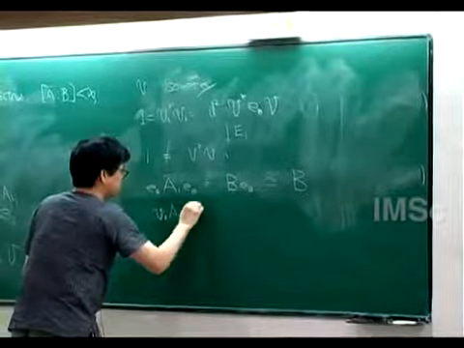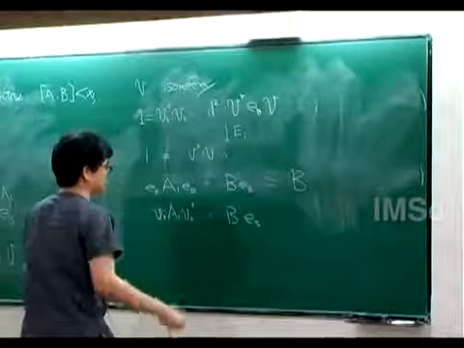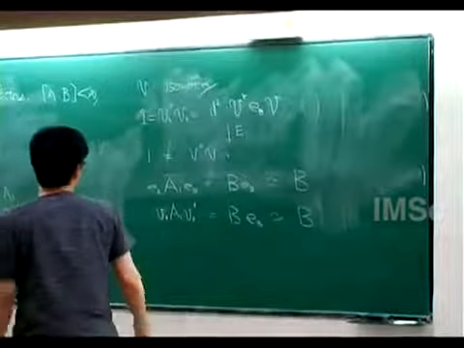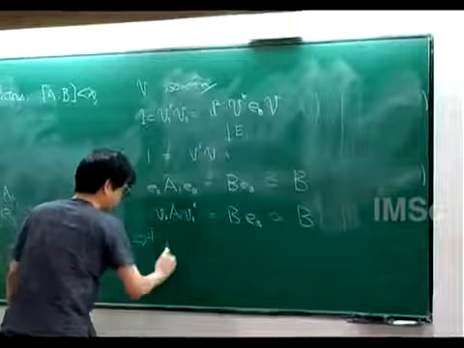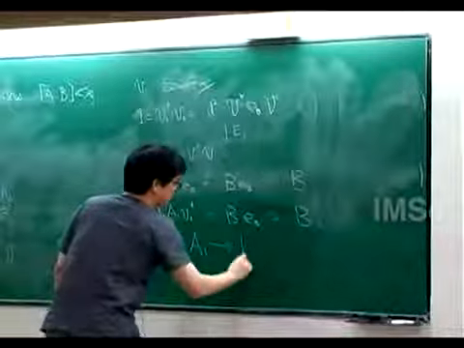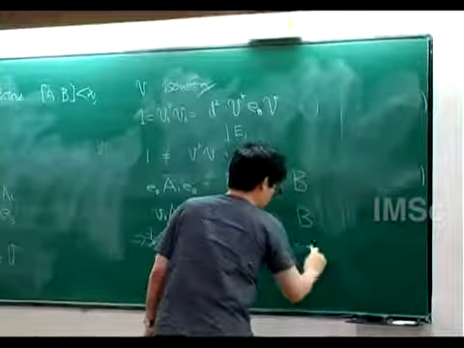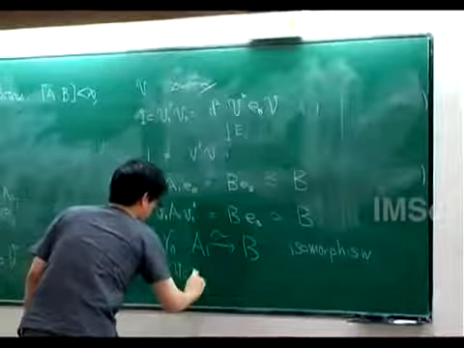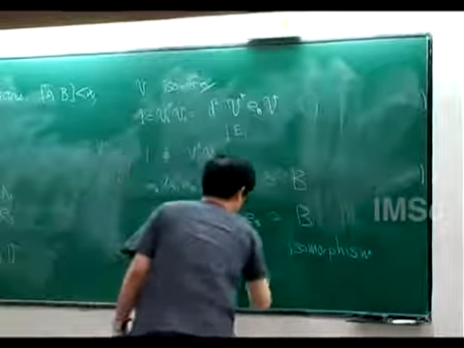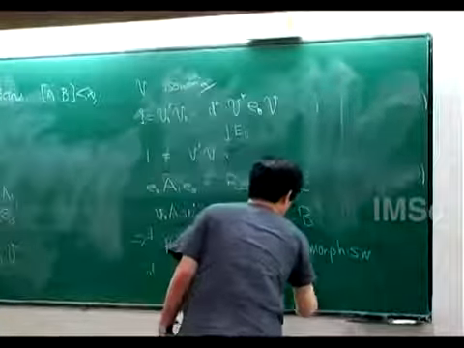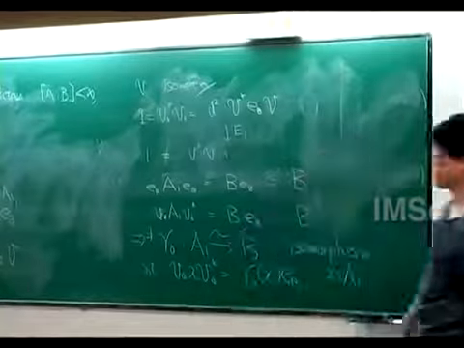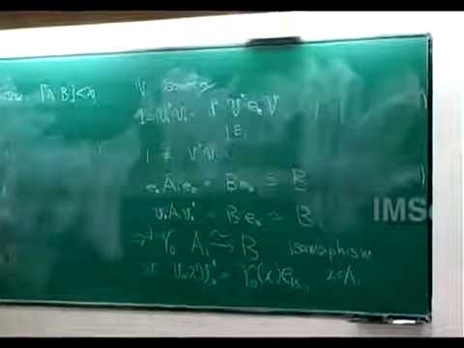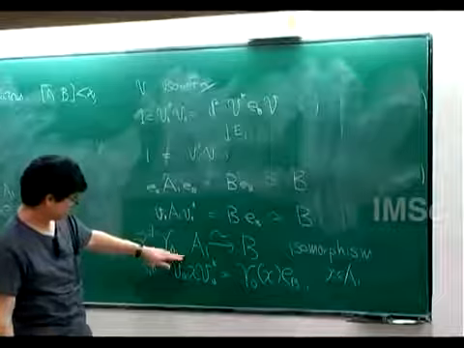V0, this is B. So this shows that there exists an isomorphism from A1 onto B.